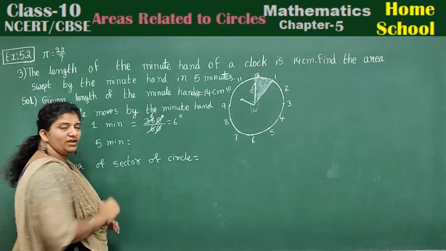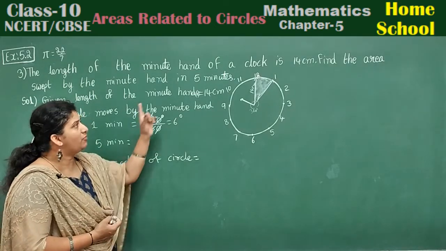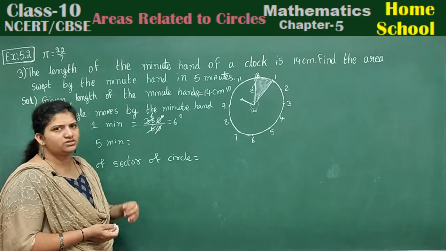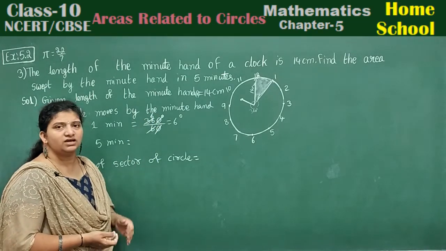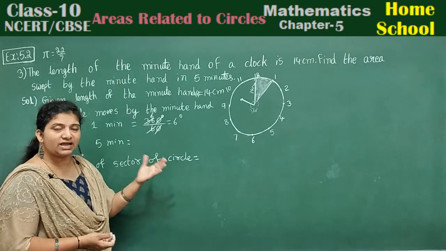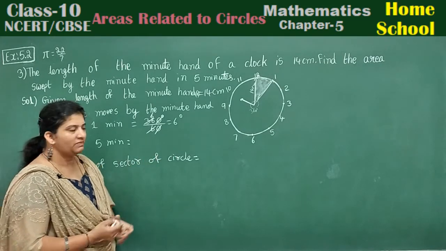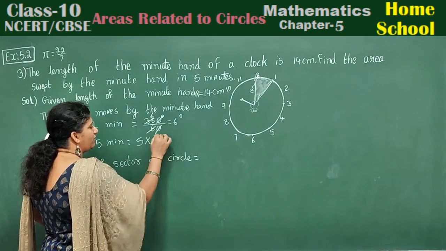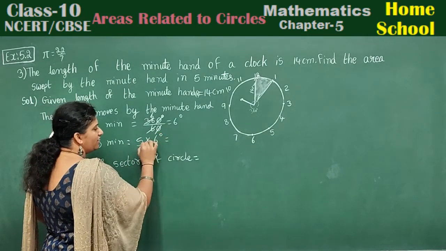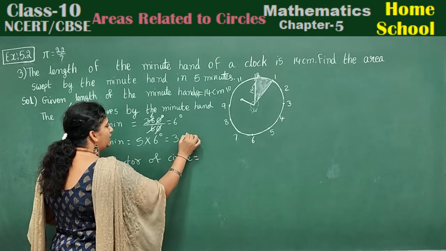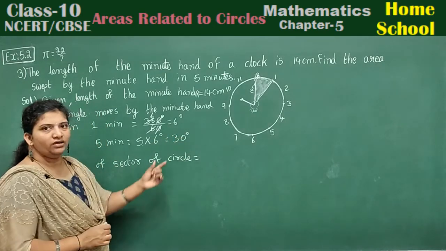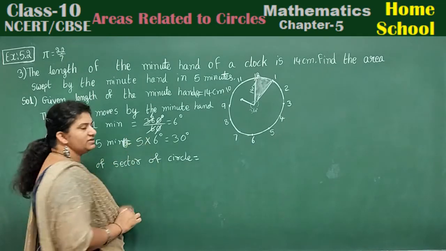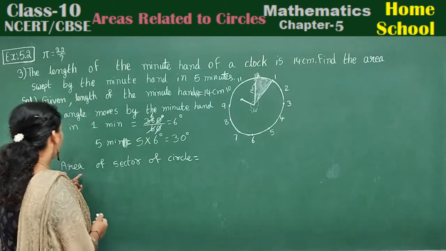And what about 5 minutes? In our problem, we are talking about 5 minutes. If they had given 15 minutes, you can multiply 15 into 6. For 30 minutes, 30 into 6, and you can take the angle. So now 5 minutes: 5 into 1 minute, how many degrees? 6 degree. 5 6s are 30 degree. That is nothing but theta. For 5 minutes, angle theta is equal to 30 degree.